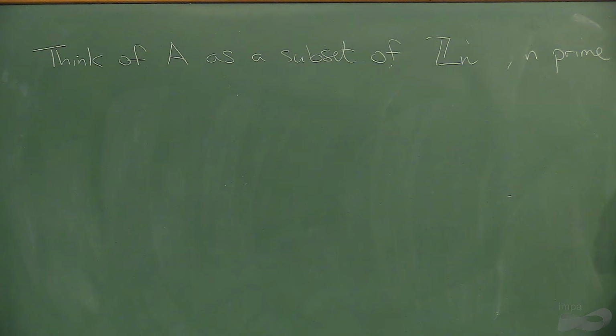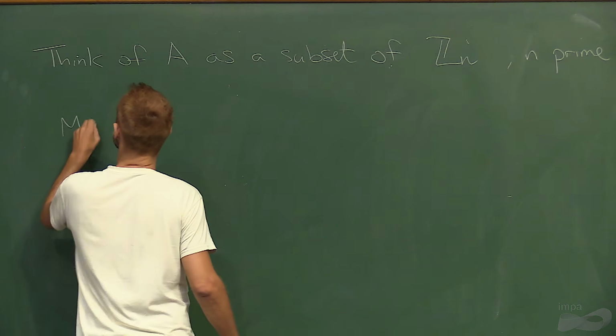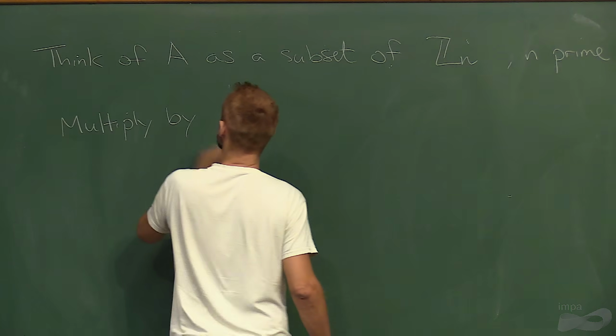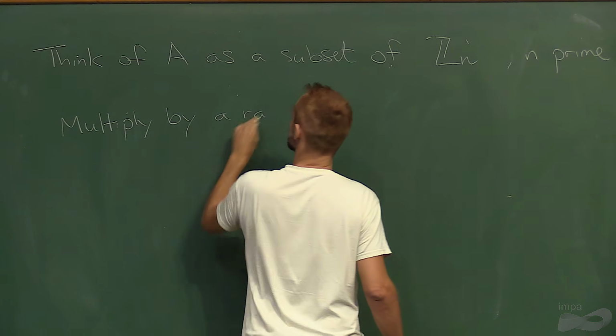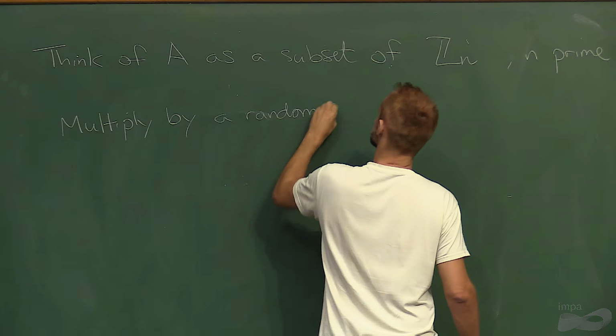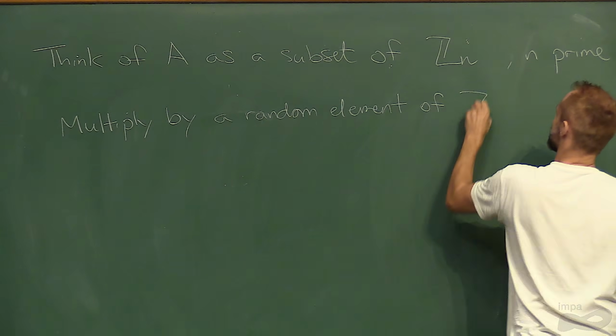Okay. And now here's the idea. Let's multiply by a random element of Zn.